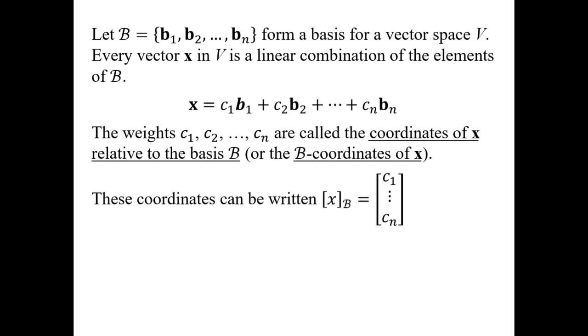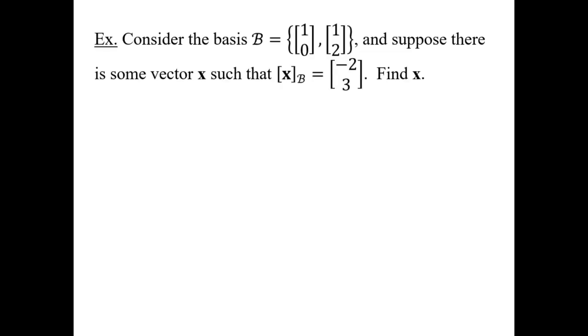We can write these coordinates. First of all, we have this notation, which says these are the coordinates of X relative to this basis B. And we can put those coordinates in a vector like we have here, C1 all the way to Cn. So for example, let's consider this basis and suppose that there's some vector X such that the coordinates of X relative to this basis are -2 and 3, and we want to find X. Let's remember that X is equal to some constant times (1, 0) plus some other constant times (1, 2).